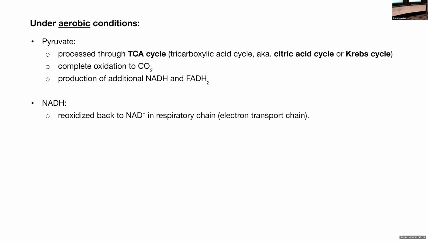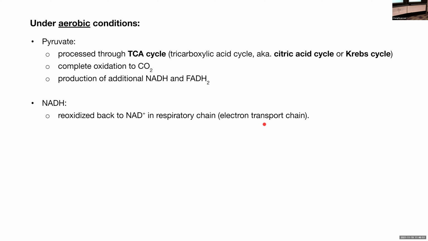So it's an oxidation-reduction, or redox, reaction, as well as FADH2, another coenzyme that can work as an electron carrier, so it can be reduced too. NADH can be reoxidized. Again, NADH is the reduced form, right? So it can go back and be reoxidized to NAD+ in the respiratory chain, which is an electron transport chain, for again generating more energy.